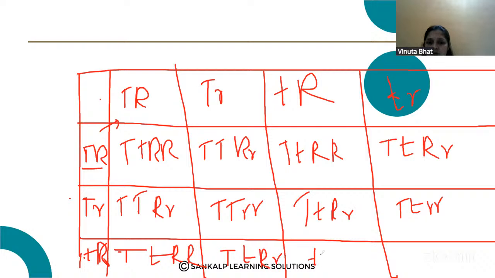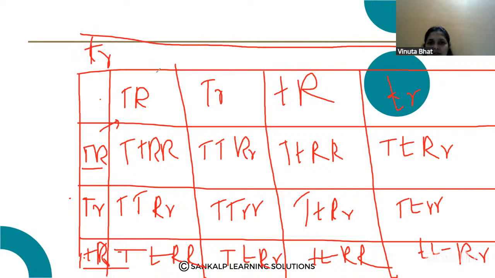Then small t capital R. Then small t capital R small r. The last one, I will just write here small t and small r, and multiply with this. Capital T small t, capital R small r, that is also a tall and red color flowering plant.